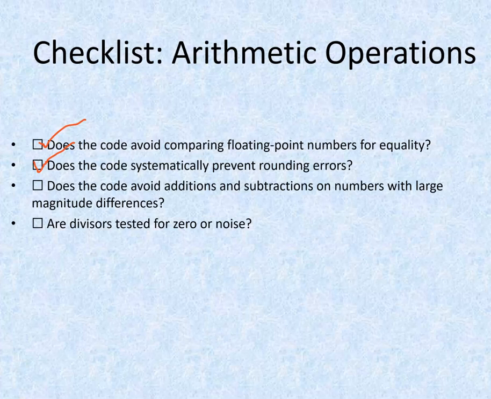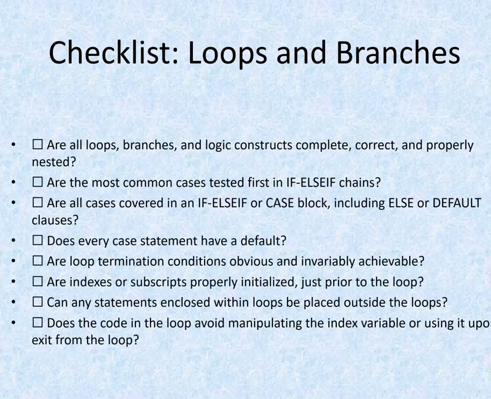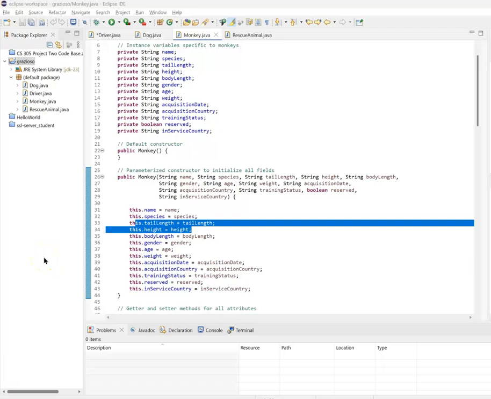Yes, the program does not currently use arithmetic operations that mix numbers with different magnitudes, and this is not applicable. Now we're gonna go through the checklist of loops and branches. Now let's take a look at the loops and branches.